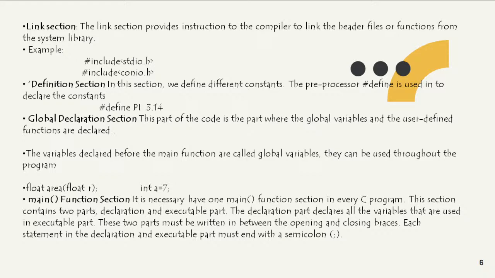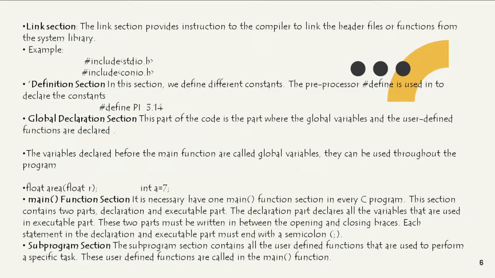And the executable part consists of the operations which we are going to perform on the data, and we include these two parts in between open and close braces. And remember, each statement in the declaration and executable part must end with a semicolon.